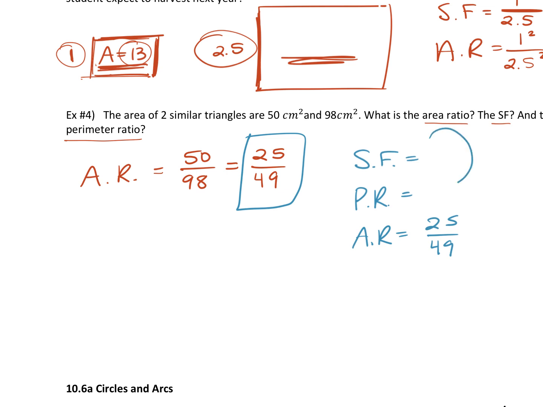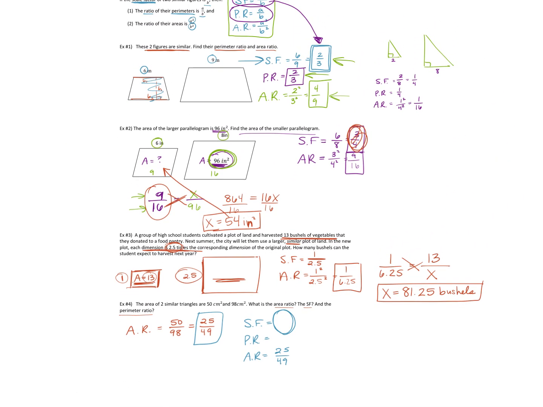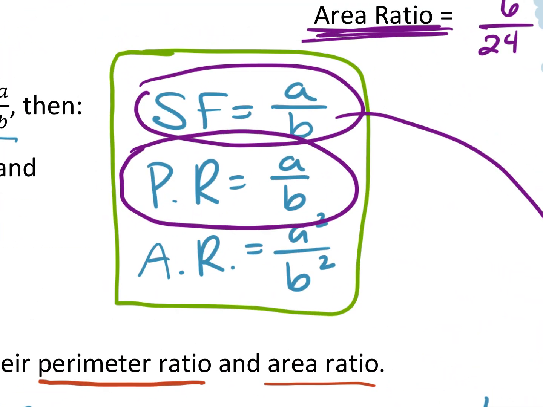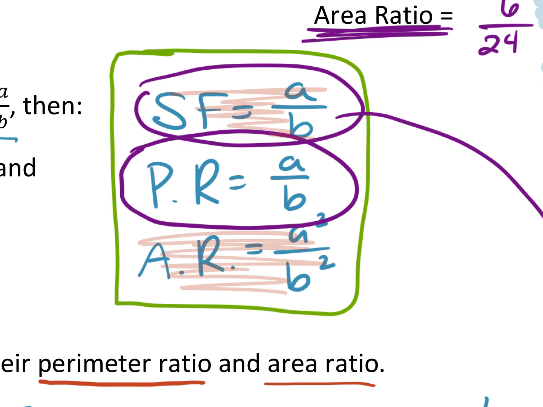What did we do to this scale factor to make it area? How did we get from scale factor to area? Just in general, like the rule up here, right? How did I get from this to this? We squared it. Okay, think backwards then.